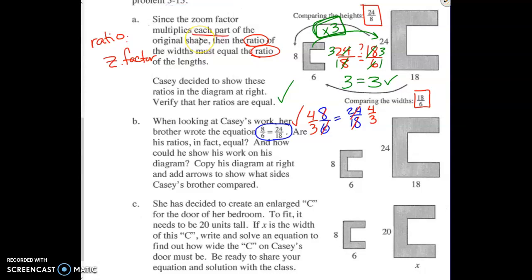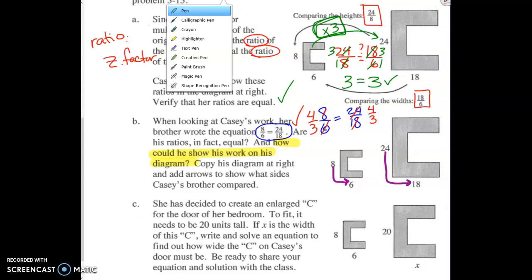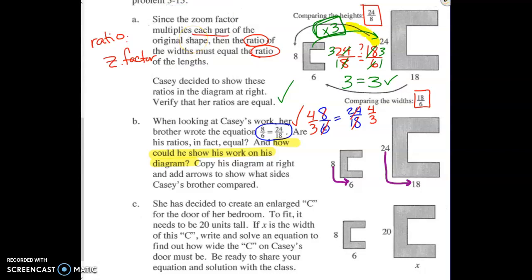Here's the big question. How can he show this work in this diagram? What's another way to look at this problem? Well, if you see, how did he compare 8 to 6? He took the length and he compared it to the width. And then he took the length and compared it to the width. Notice that in both diagrams, the arrows connect similar things.